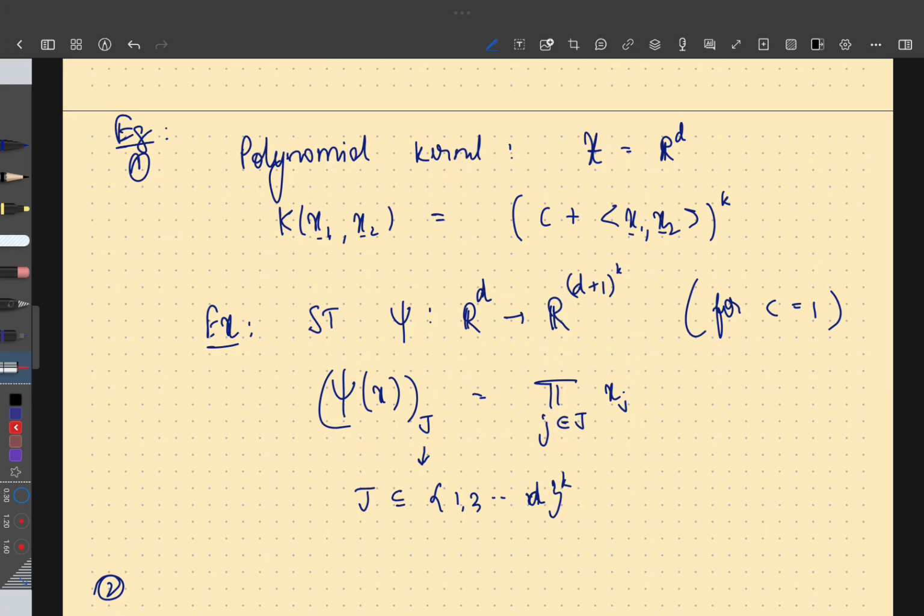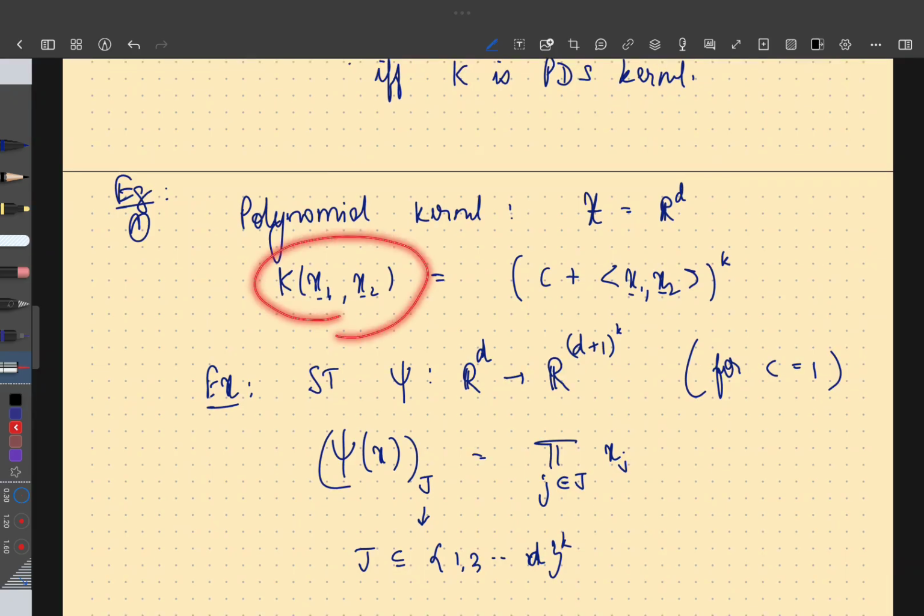So complexity would be roughly (d+1)^k. Right? I'd at least need those many operations, because I have (d+1)^k multiplications, since there are (d+1)^k components, and that minus 1 number of additions. So the complexity scales as order of (d+1)^k.